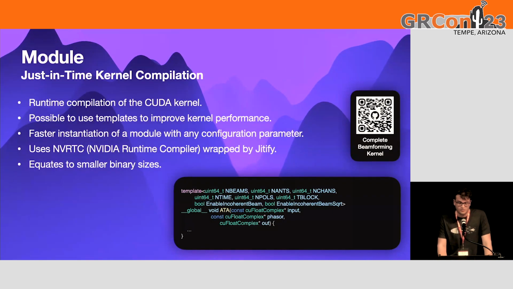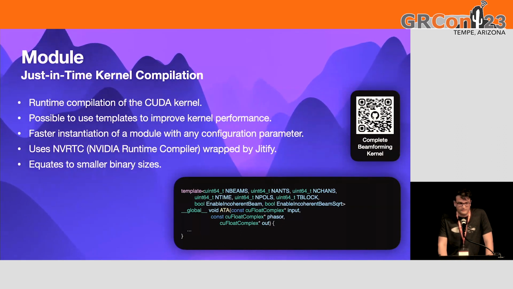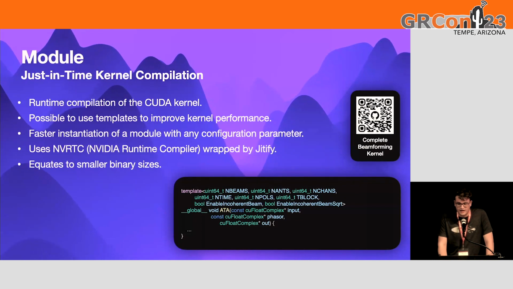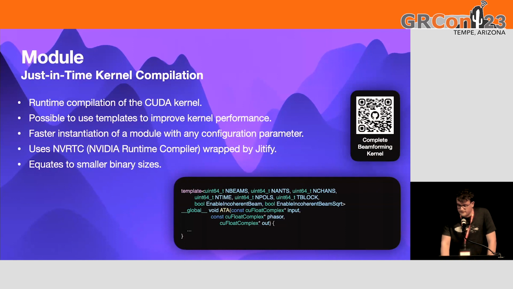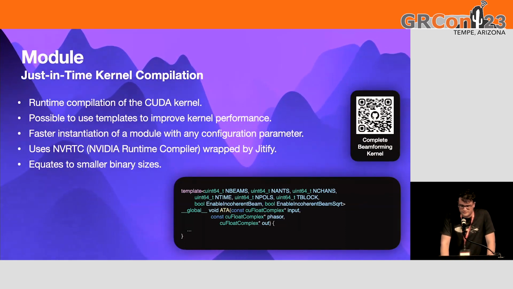And since the number won't change during the execution of the program, we can do this at compile time and have a kernel compiled with just 10 antennas and optimize the register usage and other resources to run with the best performance possible.